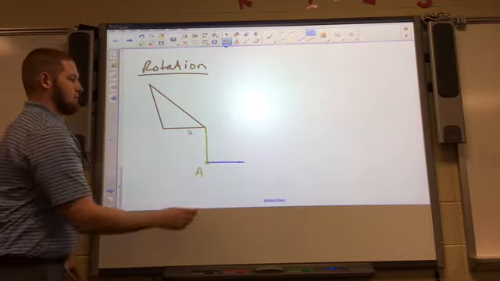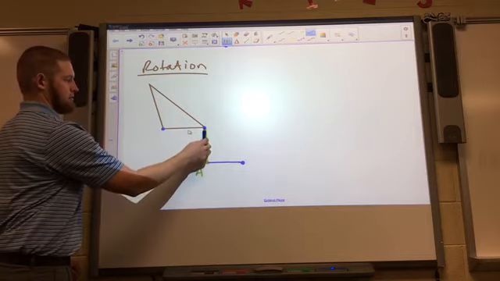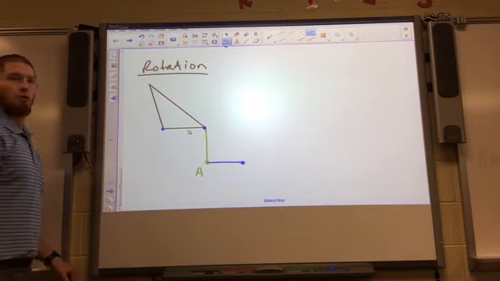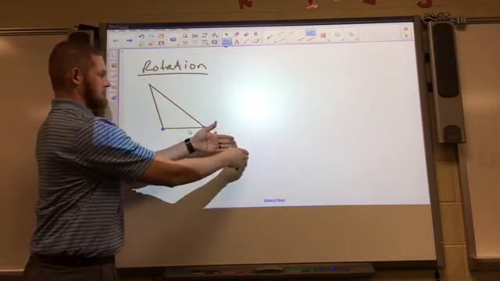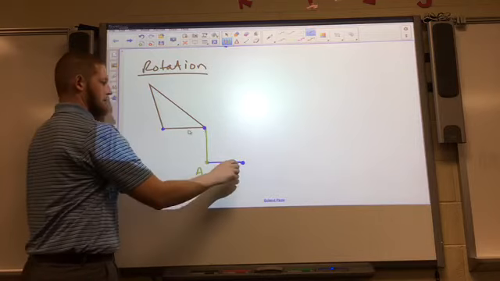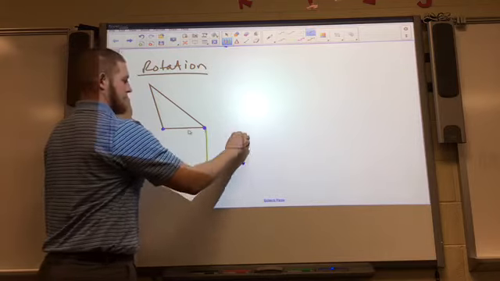Now let's do this point. Well, from this point, that point is where? 90 degrees going directly left, right? Well, if I rotate it 90 degrees, instead of left, that's now going to be what? Up. Now I have my other point.